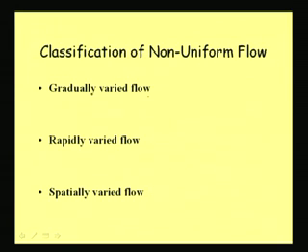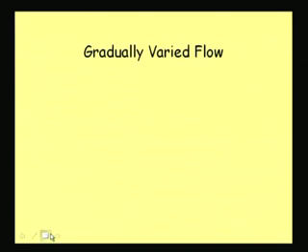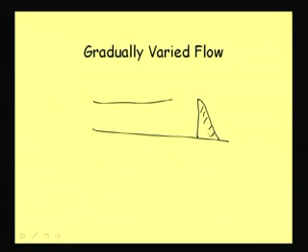By gradually varied flow, what do we mean, and by rapidly varied flow, what do we mean? Let us see. Gradually varied flow means the flow is varying gradually. Again I am taking the same example: say we are providing a barrier, and the flow is varying like this.